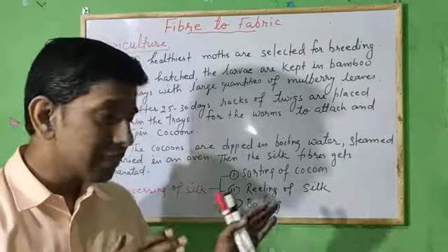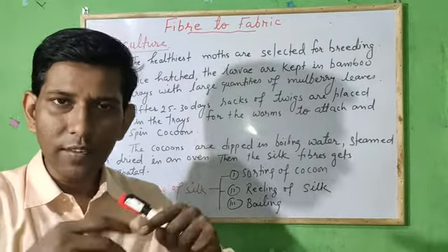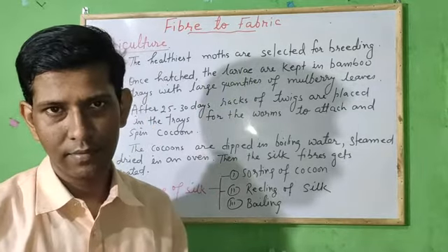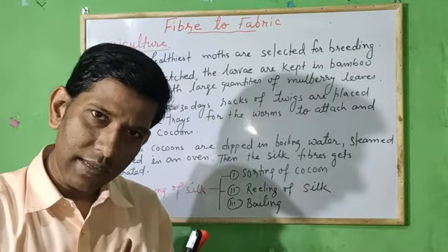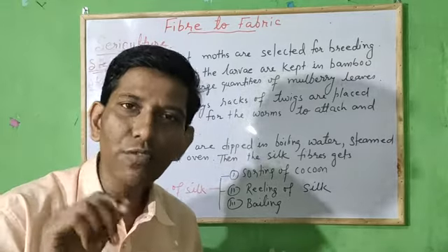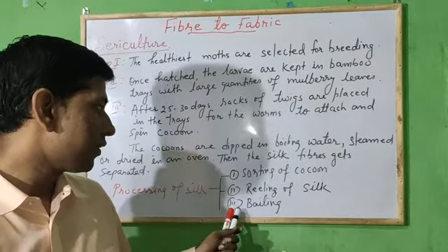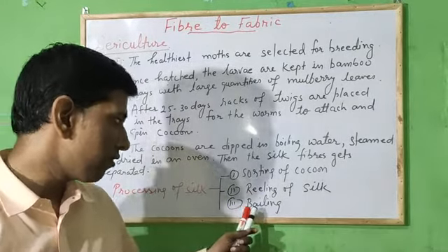When the reeling of silk is over, the silk thus obtained is called raw silk. Clear? When you touch it at this stage, the silk thread is very fine. Then the third step in processing is baling.